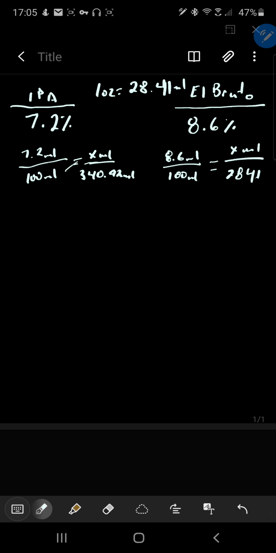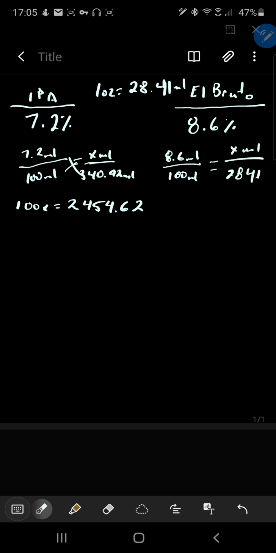We have x times 100, and that is going to be 100x, and that is going to be equal to 340.92 times 7.2. And we end up getting 2,454.624. Now, we can go ahead and drop off the 4 there because it doesn't round that up.